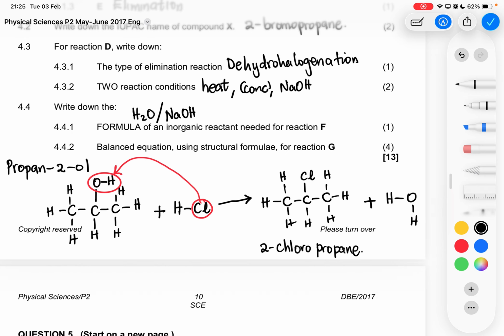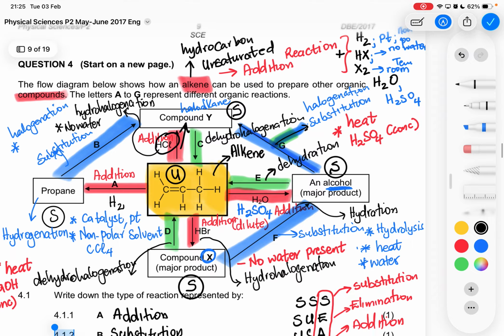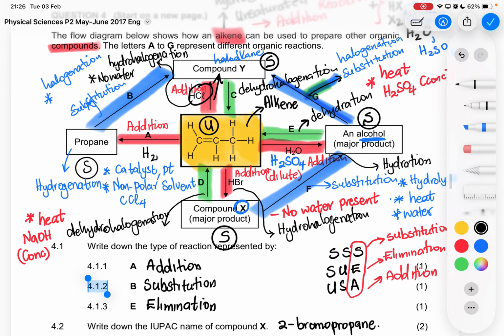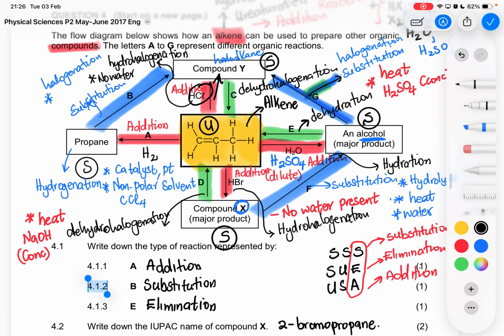Yes, so you can see that, like I mentioned, I take long to answer the questions because my interest is on understanding what's happening in the flowchart.